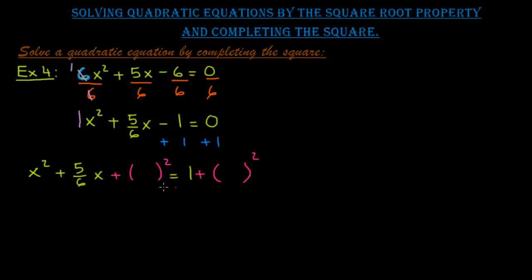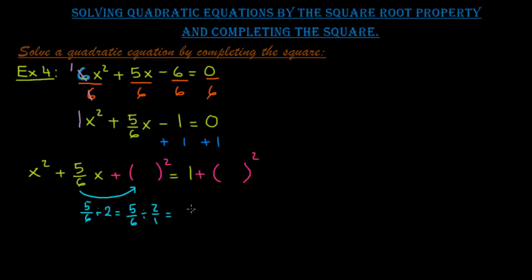So to fill in this blank, as we know, it is half of the middle term. My middle term is 5 over 6. We divide it by 2 because it's half of the middle term. So 5 over 6 divided by 2 over 1.